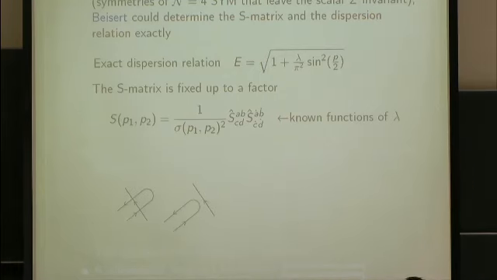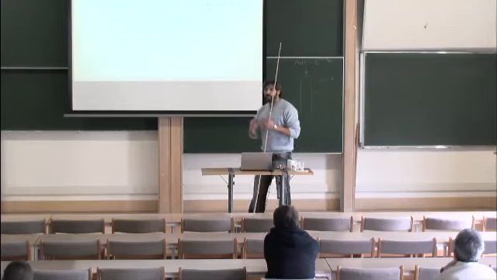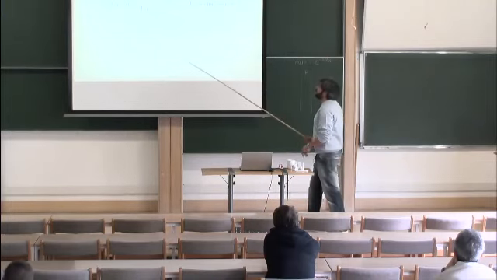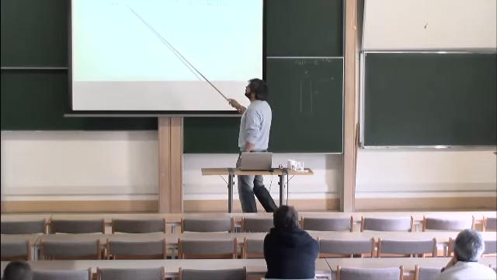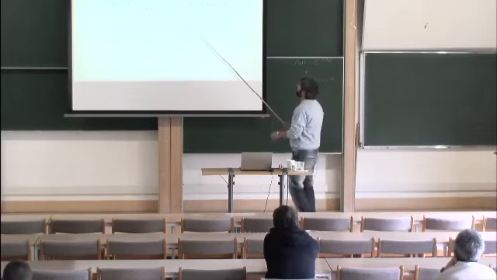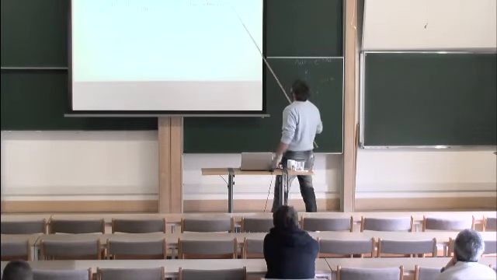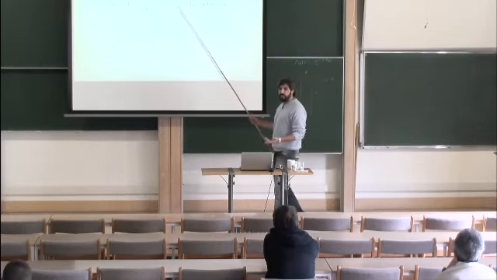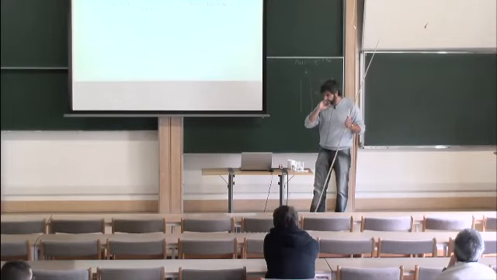And if you demand that excitations transform in a representation of this symmetry, you can fix the dispersion relation to be like this. And if you demand that the scattering matrix preserves this symmetry, the matrix part of this two-particle S matrix is fully fixed. So those are known functions of lambda, up to an overall function you cannot fix with this argument.